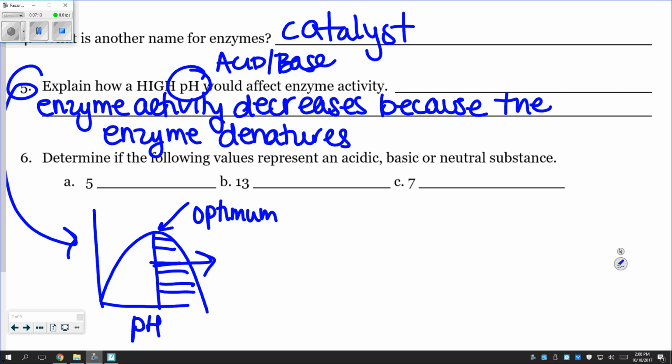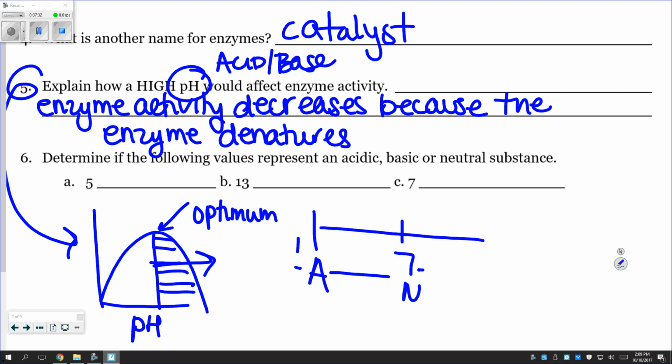For our next part, we have to decide whether or not something is considered acidic, basic, or neutral. And if we are looking at a scale, remember, acids are from 1 to more or less 7. Neutral is going to be 7.